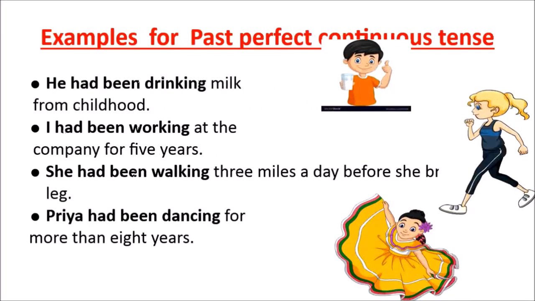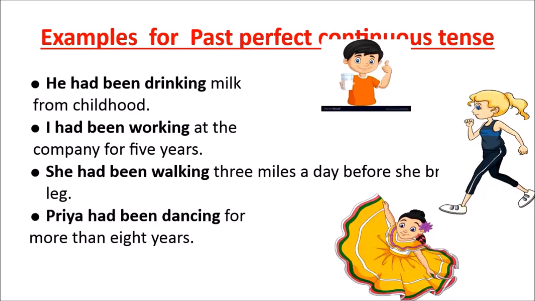Okay class, now let's move on to the examples for past perfect continuous tense. I have given some list of examples. Let's learn them. Okay. Look at the first example. He had been drinking milk from childhood. So, had been drinking refers to a continuous action for a long period of time in the past, and it ended at some point of time in the past.